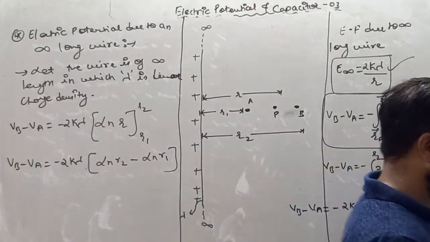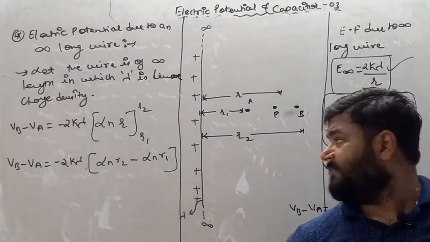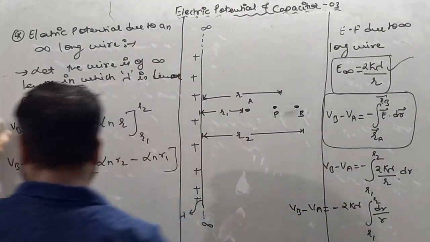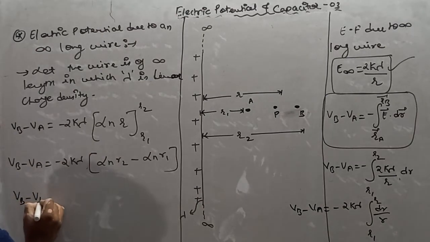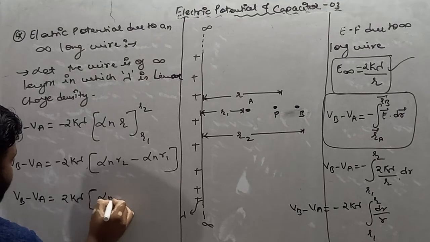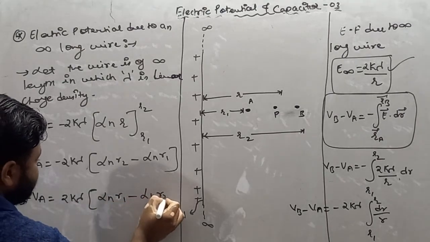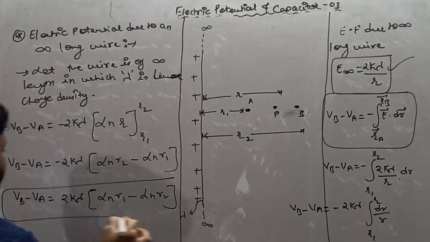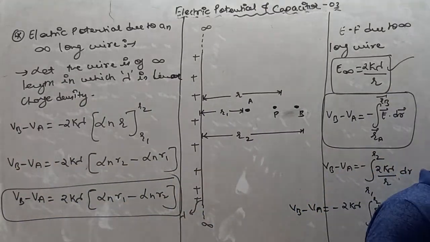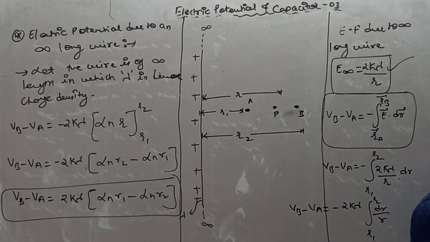I hope you all are understanding this term. Now if I take the negative sign inside, then the terms will be shifted. So VB minus VA is equal to 2K lambda, ln R1 minus ln R2. This is the value of electric potential difference due to an infinite long wire.